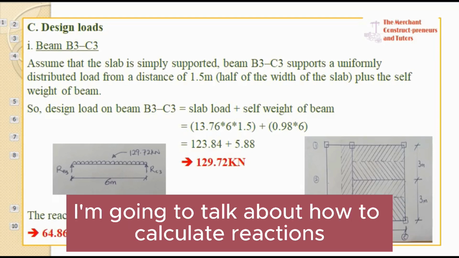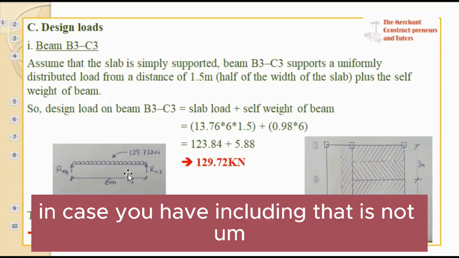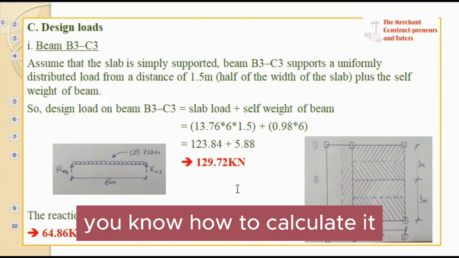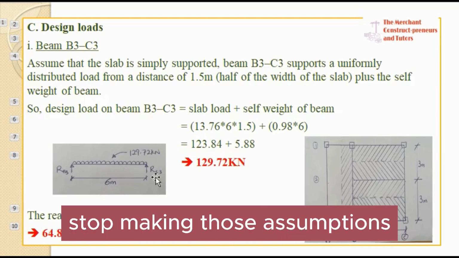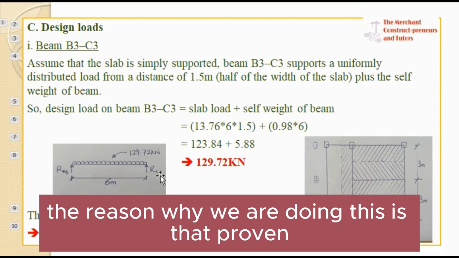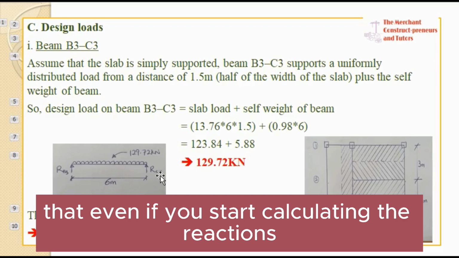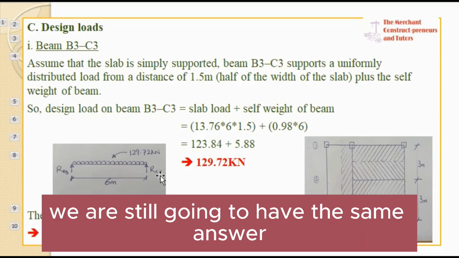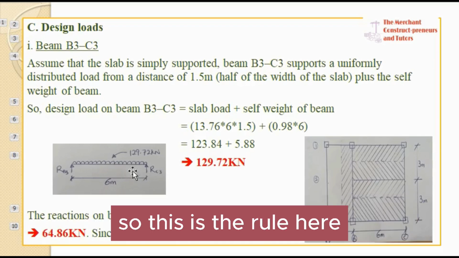In my next video, I'm going to talk about how to calculate reactions in case we have a loading that is not symmetrically loaded, so we know how to calculate it instead of just making assumptions. The reason why I'm doing this is that it's been proven that even if you calculate the reactions the normal way, we are still going to arrive at the same answer. So this is the rule here.